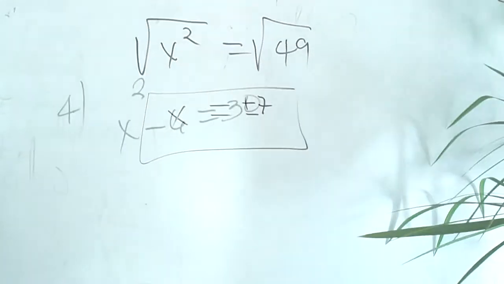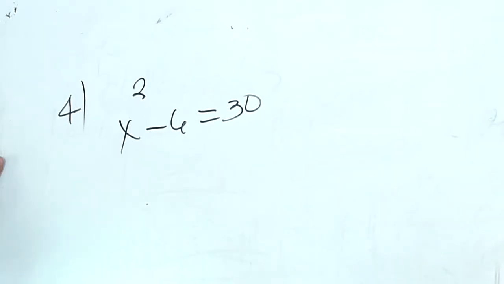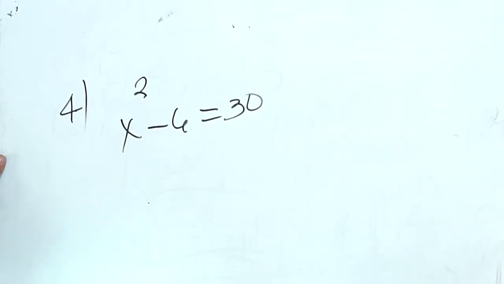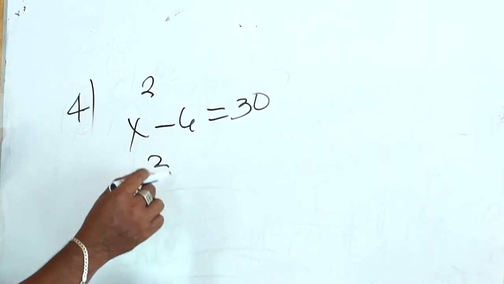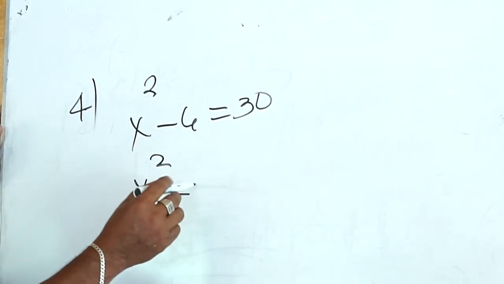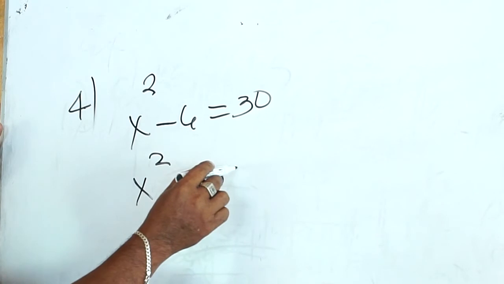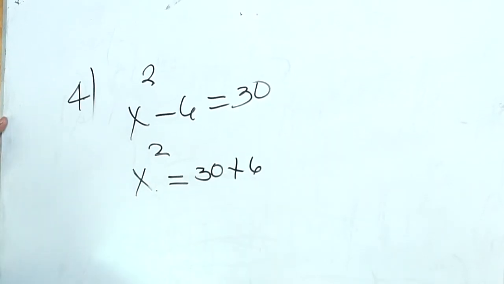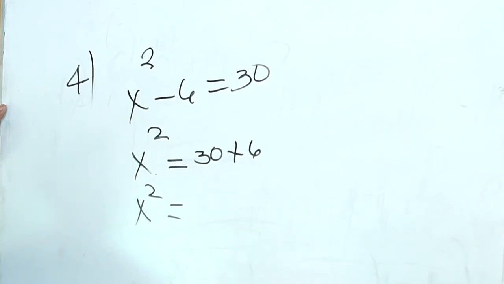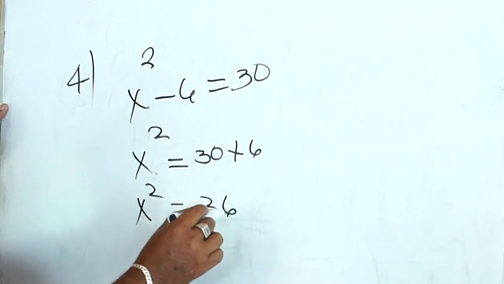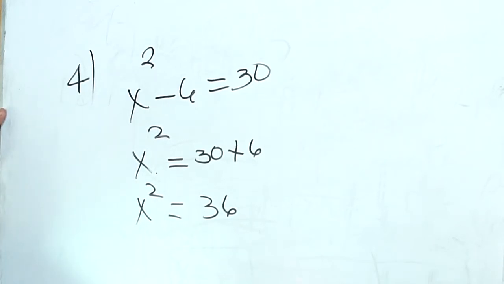For example number 4, x squared minus 6 equals 30. First, you have to transpose negative 6 to the right side, so it becomes positive 6. So x squared is equal to 30 plus 6, that is 36. This is now a perfect square.